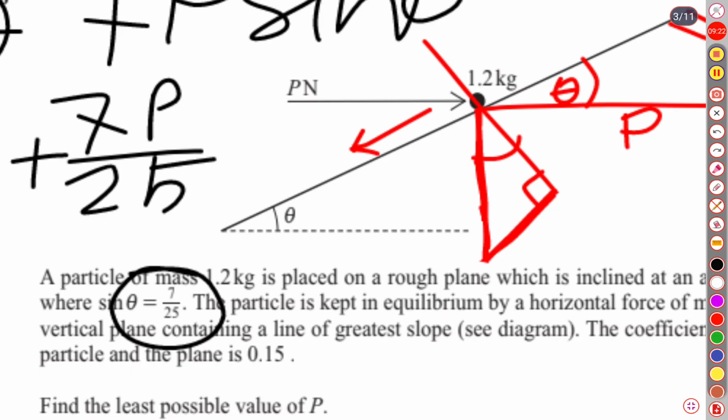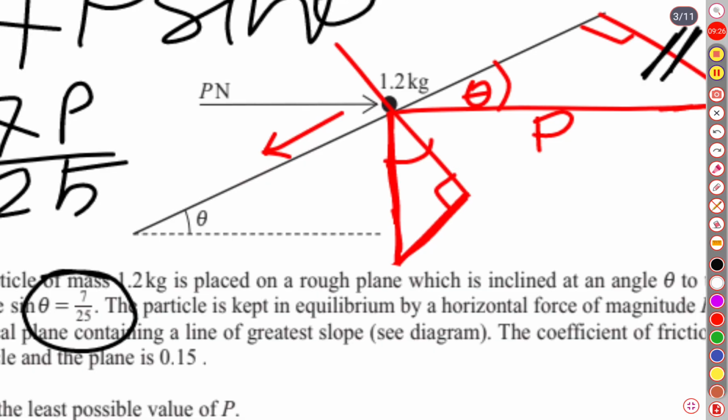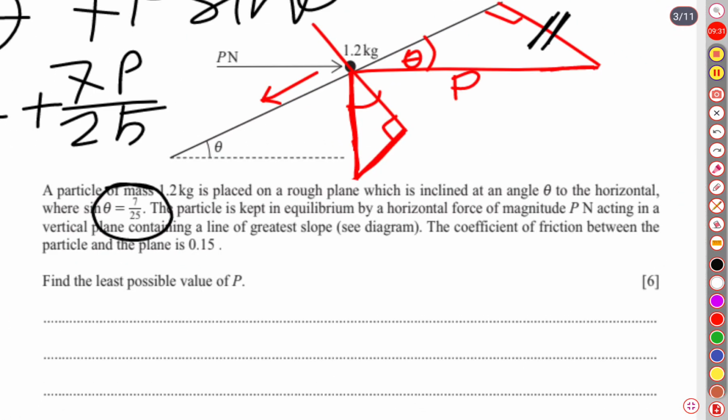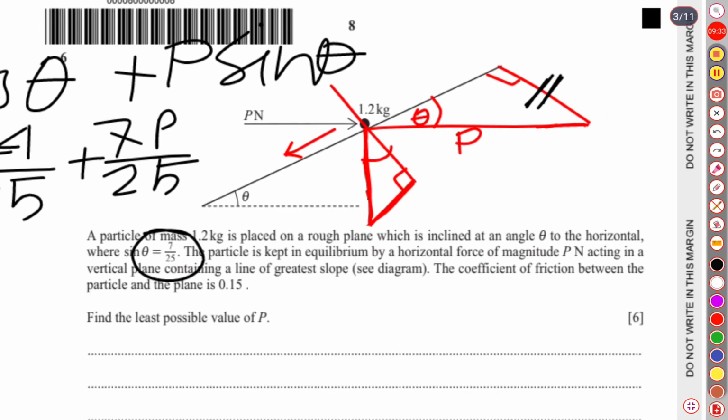But all the forces, including the external P, are stopping the particle from sliding down. So least possible value means all the forces together, including the external force, are trying to stop the particle from moving down.